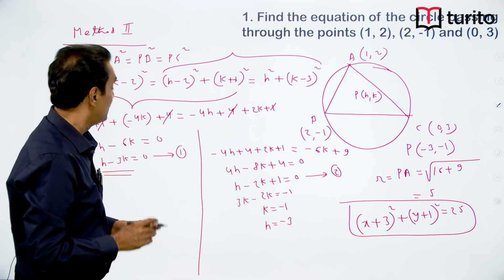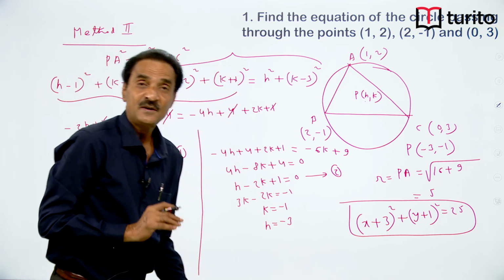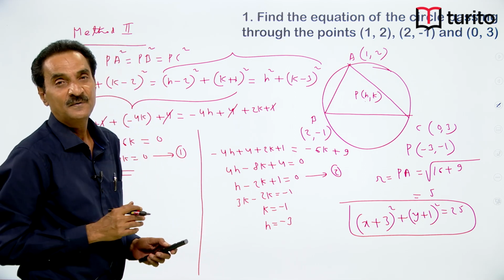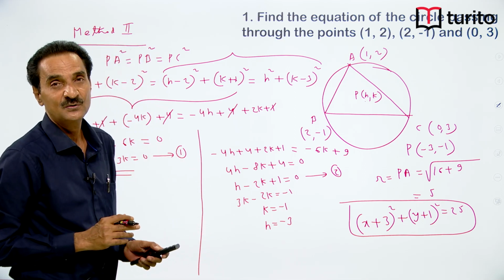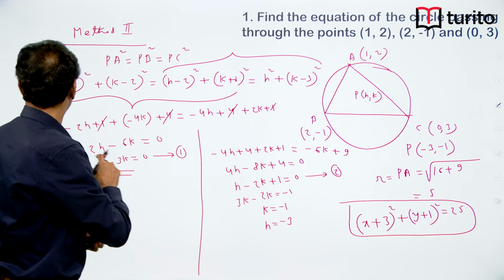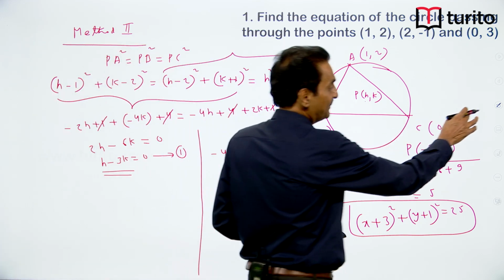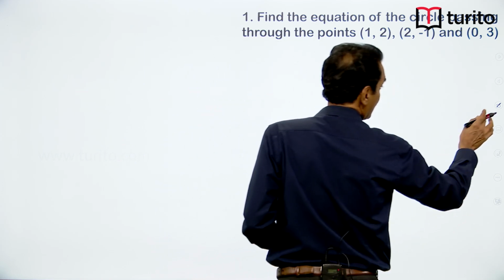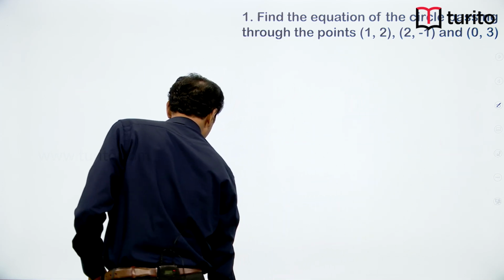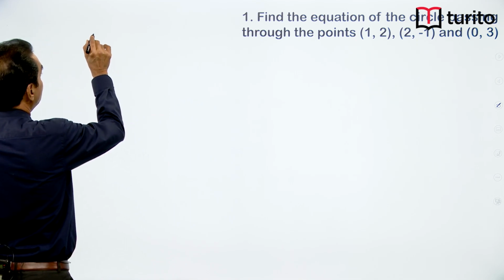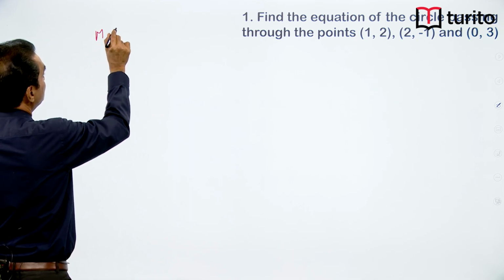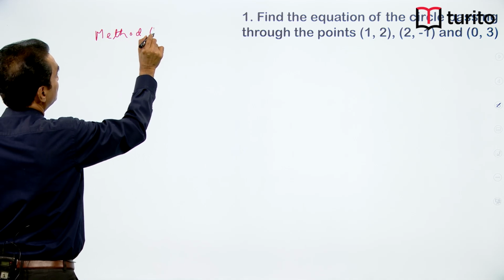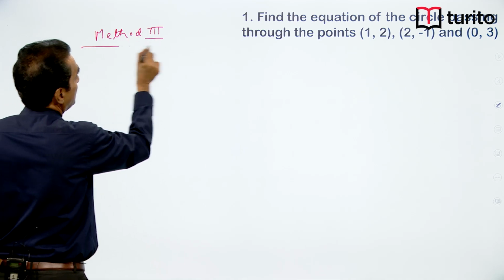Okay. Now, I want to explain a nice method and very quick method for finding the equation of circle passing through 3 points. That is method 3.